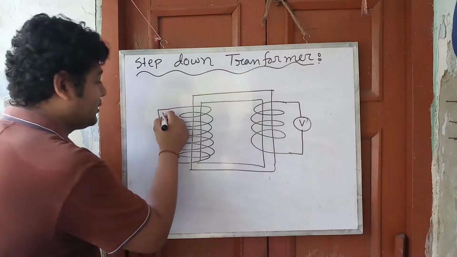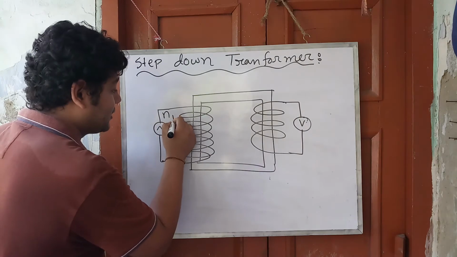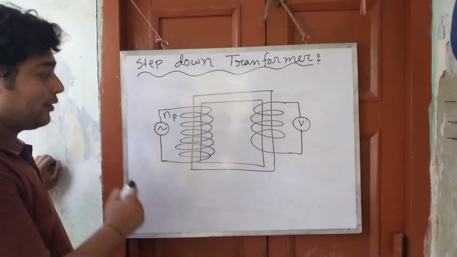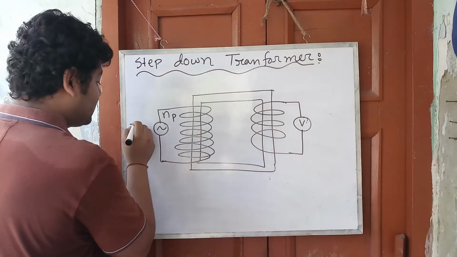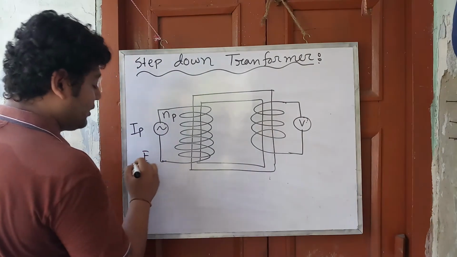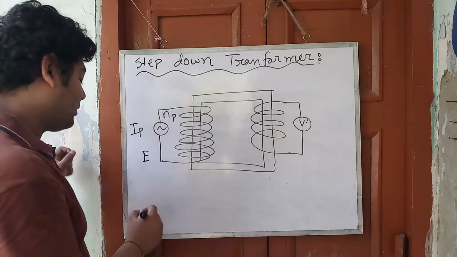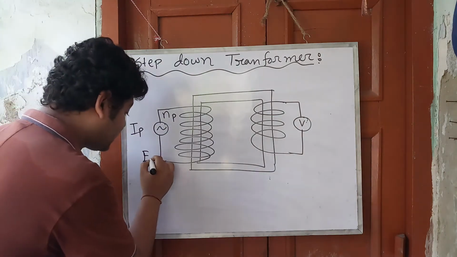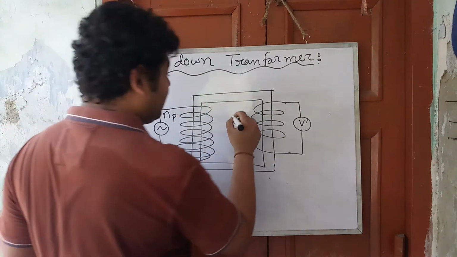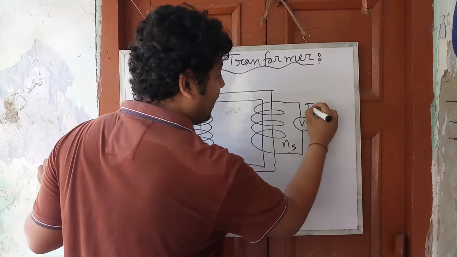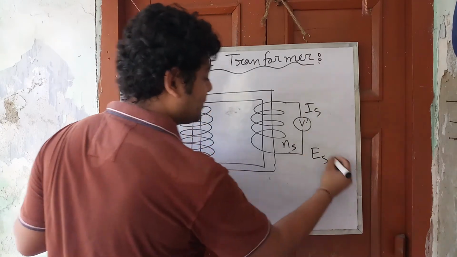Here this is the number of turns NP. This is the input, and the input part is known as the primary coil. Here the current is IP and the voltage is EP, and here the number of turns is NS, with IS and ES.